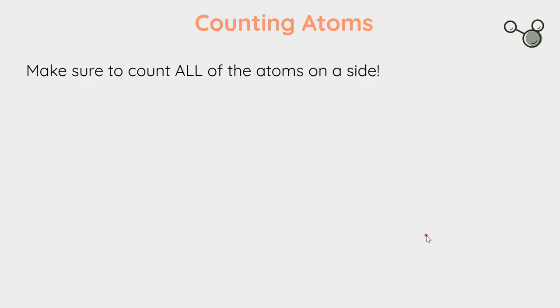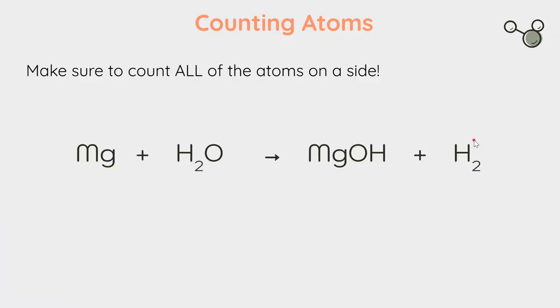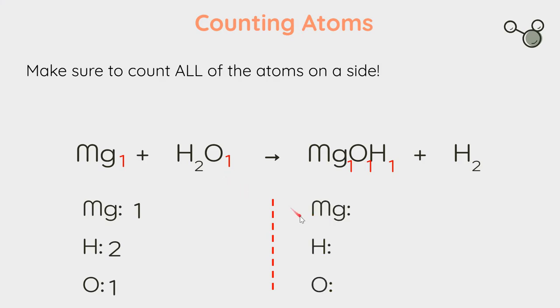We want to make sure we count all of the atoms on a side. For instance, in this reaction, if we do the exact same thing we did on the previous slide, put in ones for any element that doesn't have a number, draw a line down from our arrow, and then arrange our elements in the same order, Mg H O. We have one Mg here, two H's, and one O. On the right, we have again Mg H O, the same order.